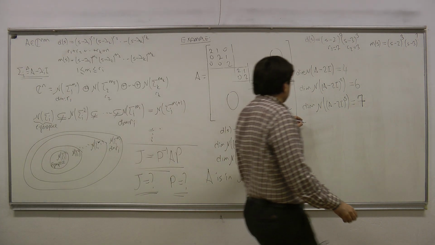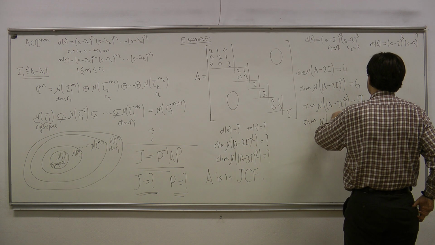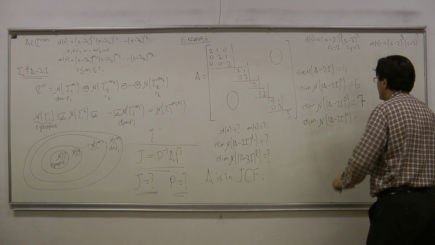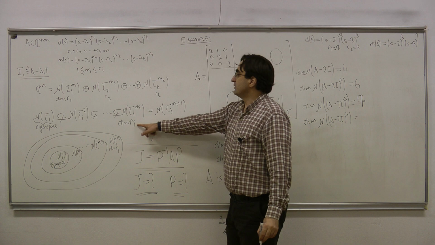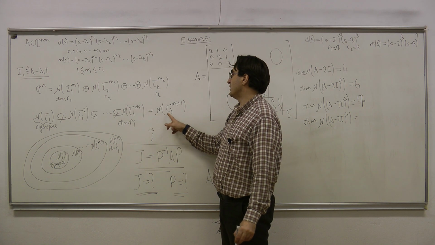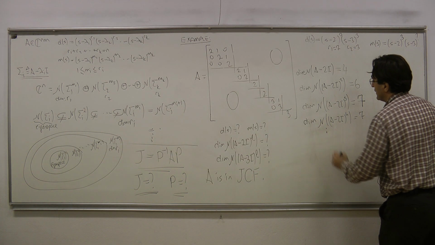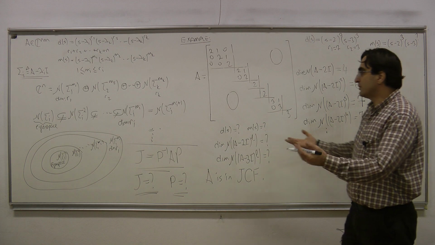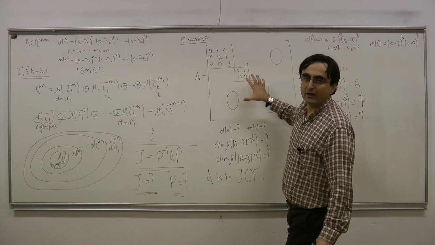So now, if I increase the power further, the dimension of A minus 2 identity to the power 4, what would this dimension be? When we reach this dimension, nothing should change. When we go over Mi, nothing should change, and this should be 7 until infinity. Because all of these blocks turned into 0 blocks at the power 3.